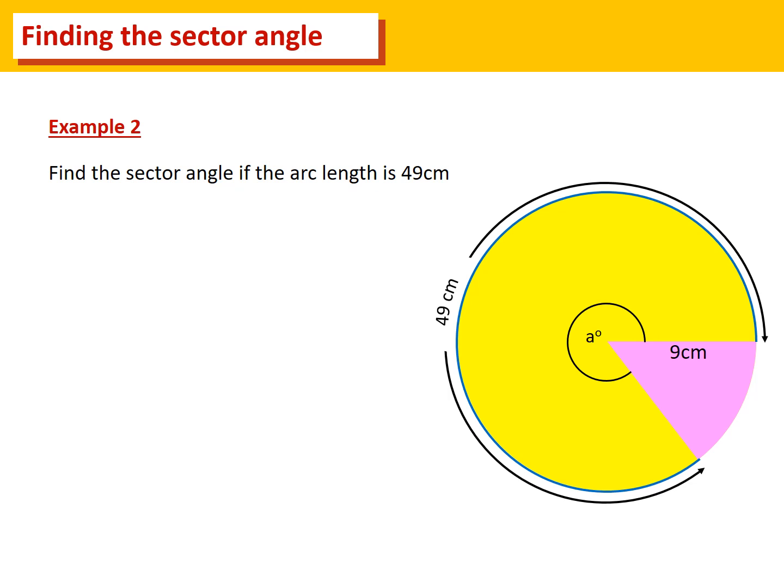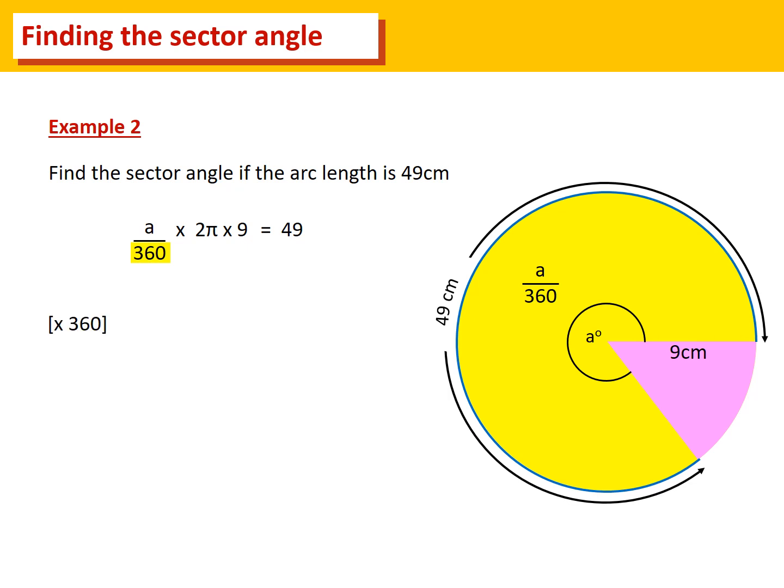In this example, find the sector angle if the arc length is 49 centimetres. So that's the fraction of the circle, that's the sector, the yellow sector, A out of 360 times 2 pi times 9, 9 being the radius. And that equals 49. We multiply both sides by 360.